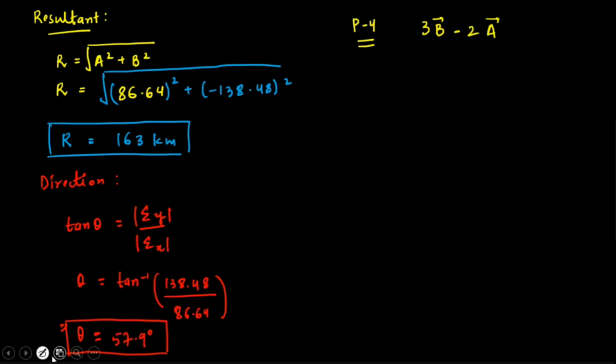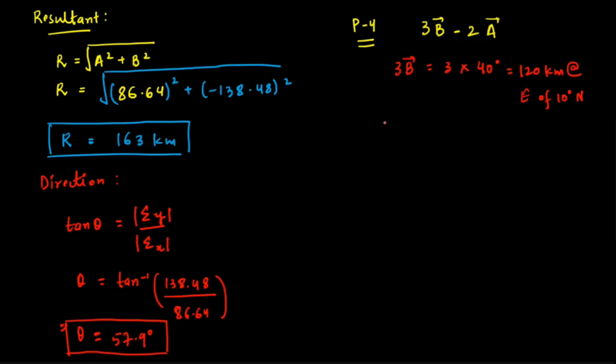So let's first of all find 3b. What is 3b? The 3b vector is going to be 3 times the product of vector b, and vector b is given as 40 kilometers. So it is supposed to be 120 kilometers at east of 10 degrees north. So this is something we got, vector 3b.